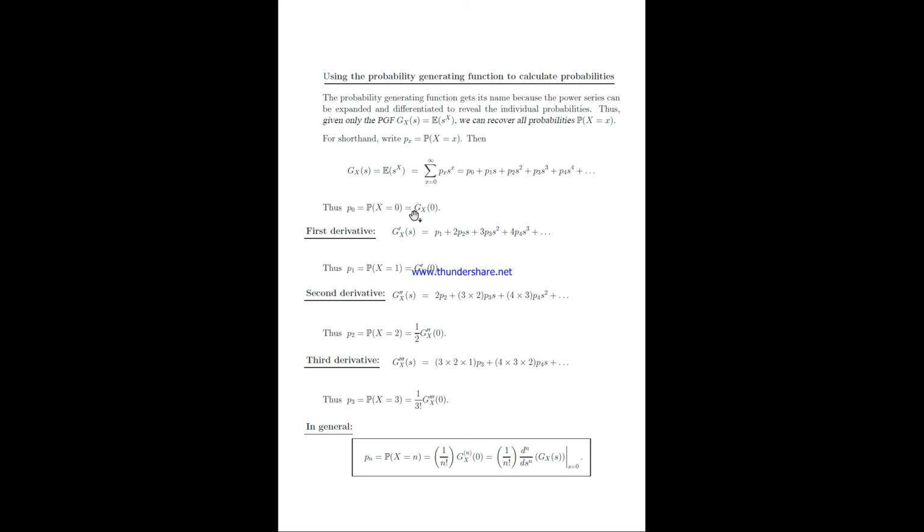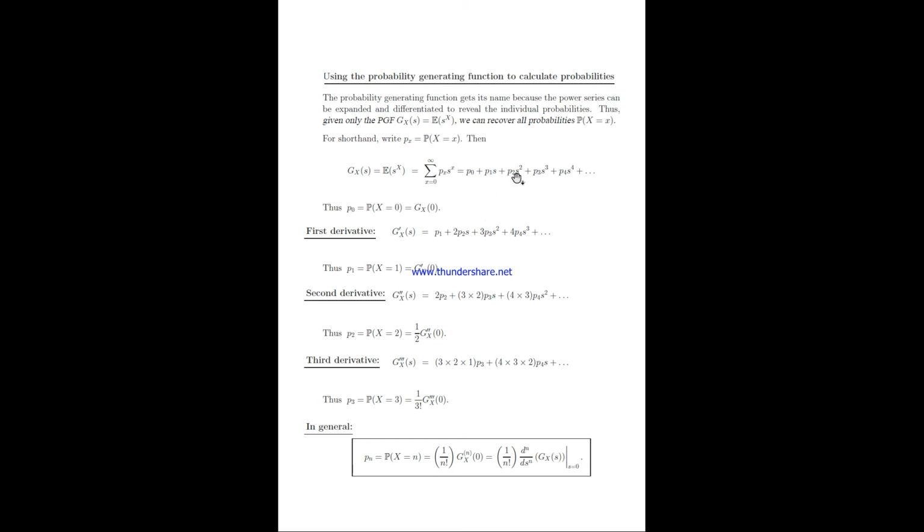Right? So let's see what will happen when you take the first derivative. This is our function. When you take the first derivative, p0 is a constant, so that will be equal to 0. Then you have p1, and the first derivative of s is 1.